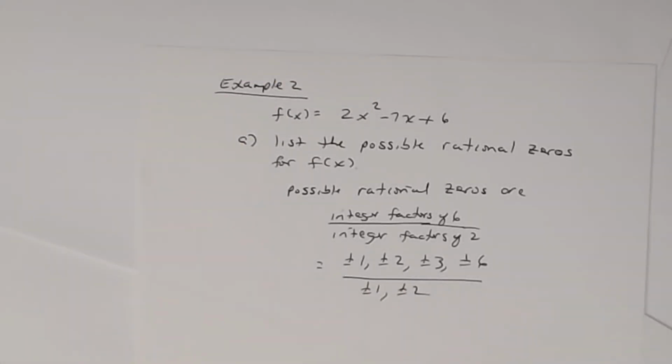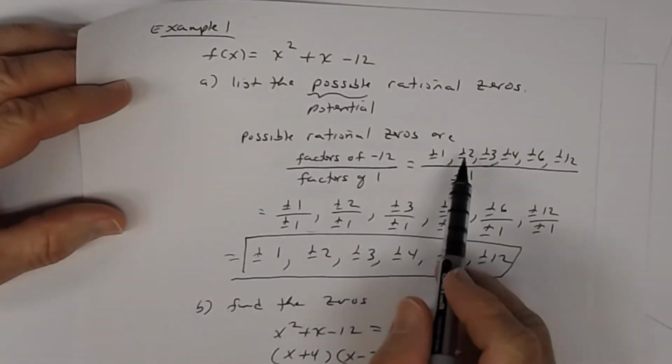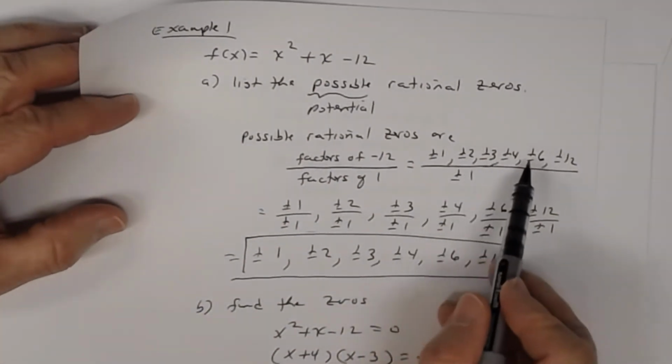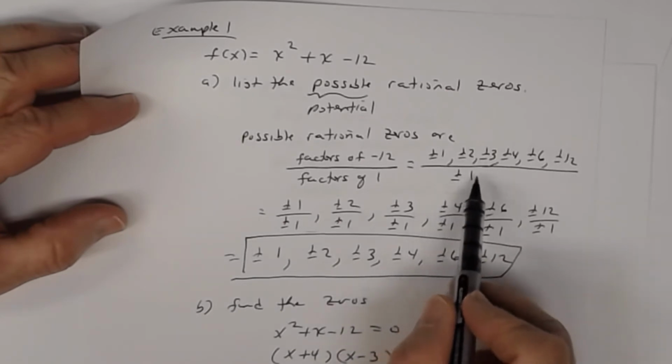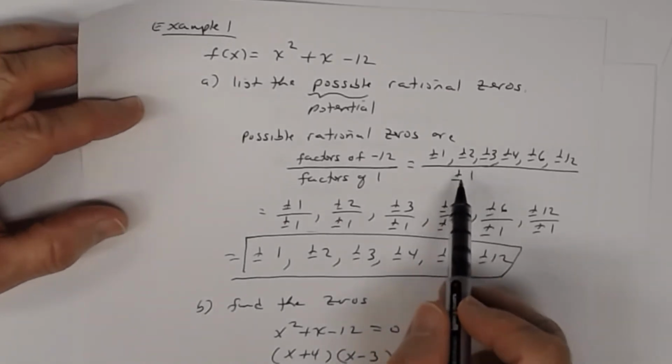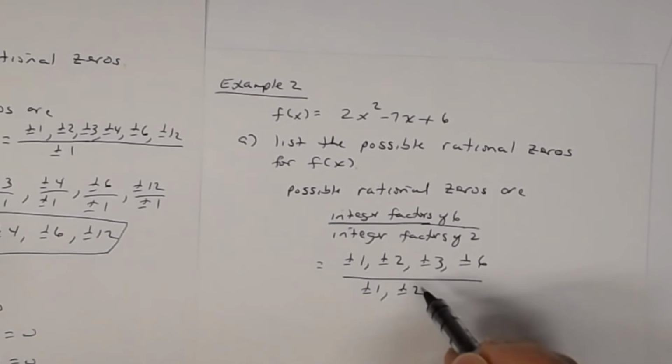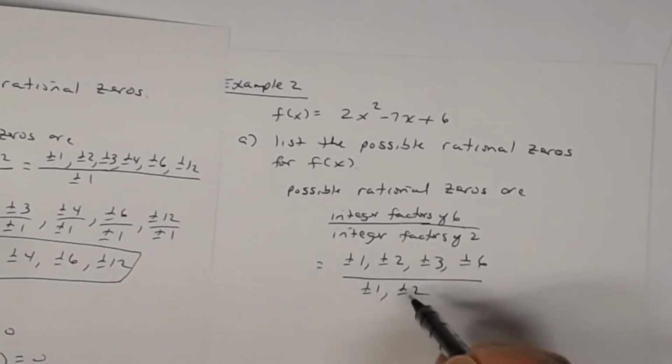All right, now remember what we did in the previous example. We took each of these and divided by, in that case, only one pair. Notice though, in this case, there are two pairs, plus and minus 1, plus and minus 2.